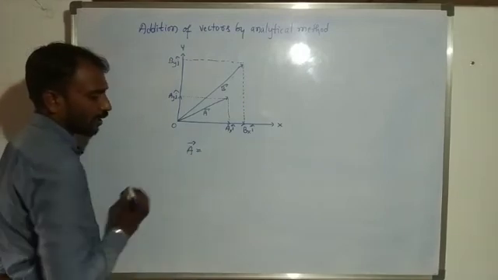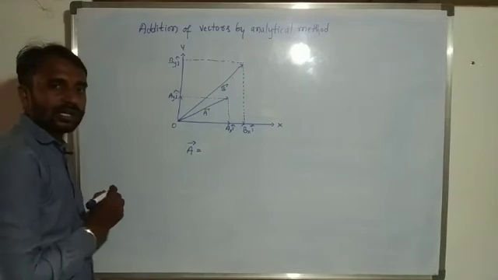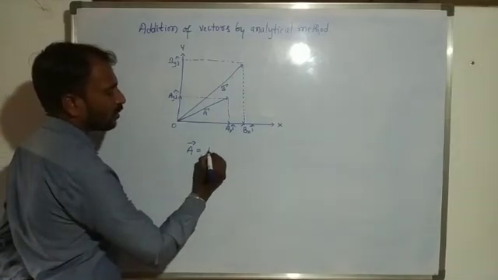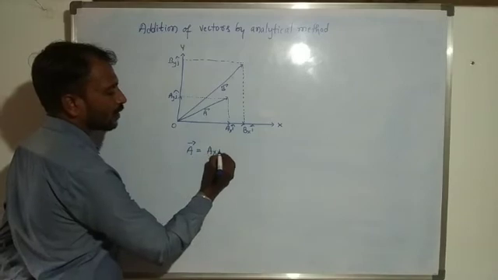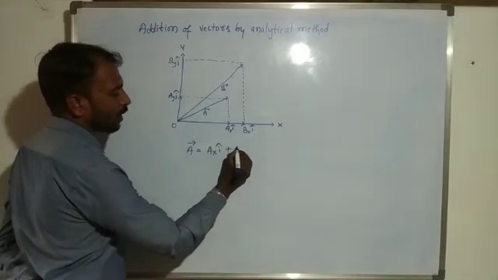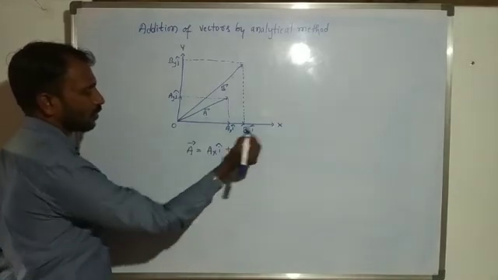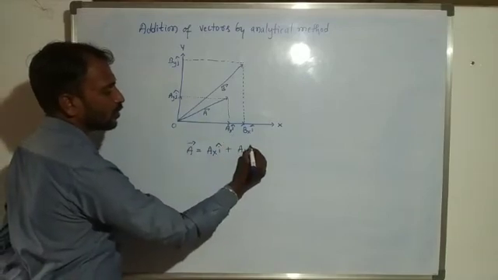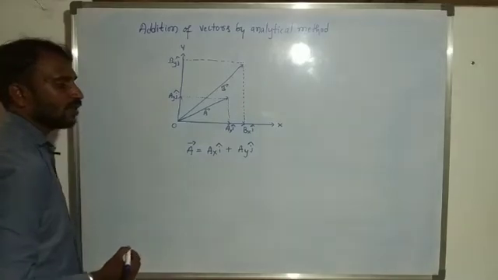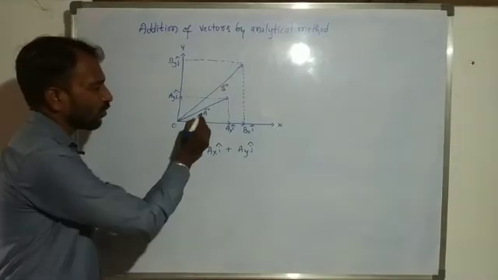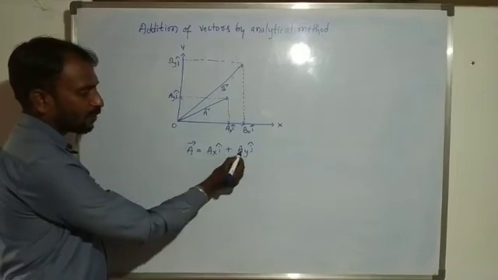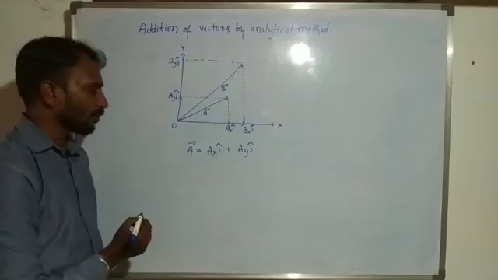So here we consider vector A. The position vector A is equal to Ax i cap plus Ay j cap. This is the position vector of A. Vector A is equal to Ax i cap plus Ay j cap.